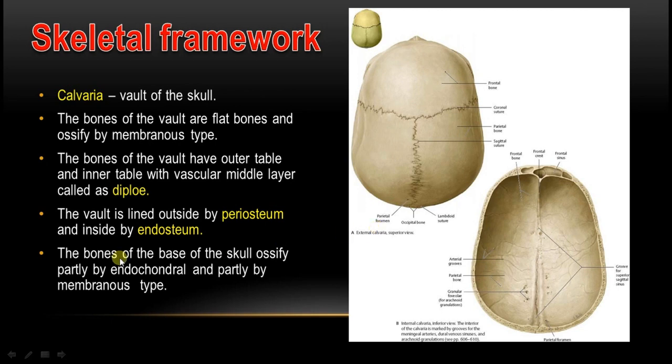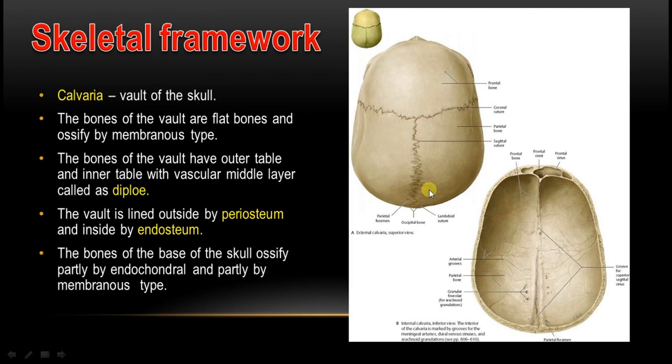The bones of the vault of the skull are purely membranous in type, whereas the bones at the base or the inferior part of the skull are partly membranous and partly endochondral. So in a single bone, part of it may be endochondral in ossification and part of it may be membranous in ossification.